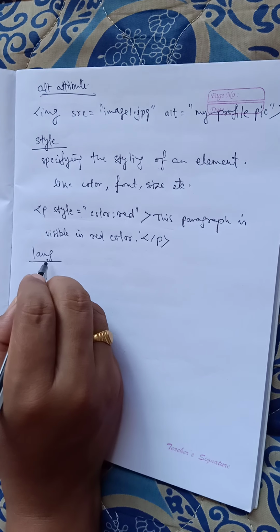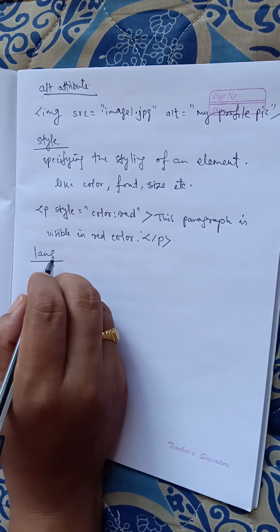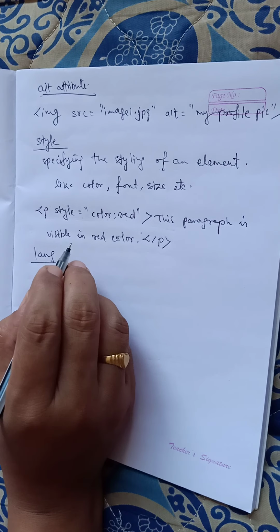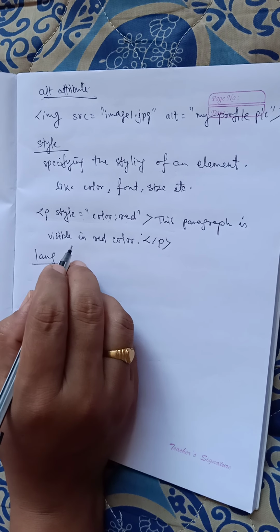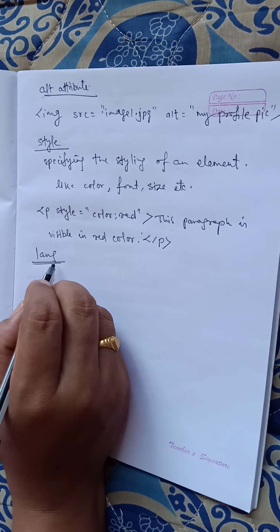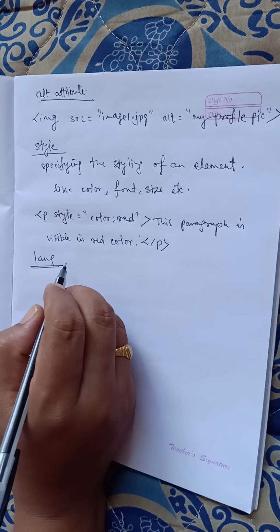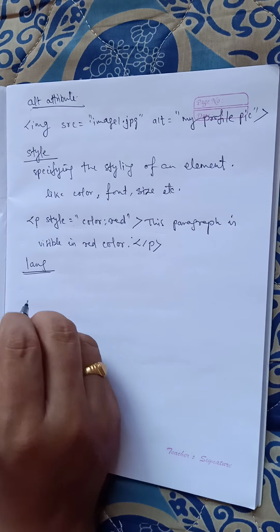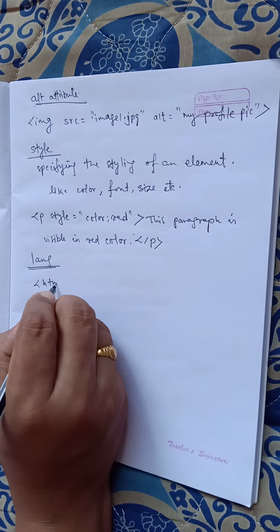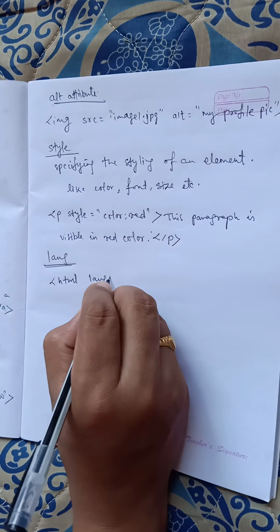Then coming to the language attribute. The language of the document can be declared in the HTML tag. That is done using this lang attribute. Declaring a language is important for screen readers and the search engines. It is mentioned as HTML, then your lang.